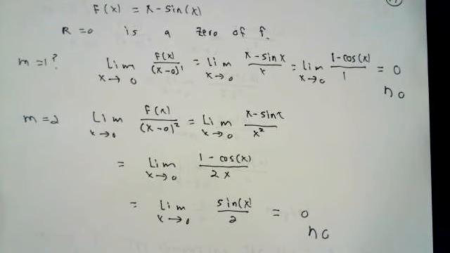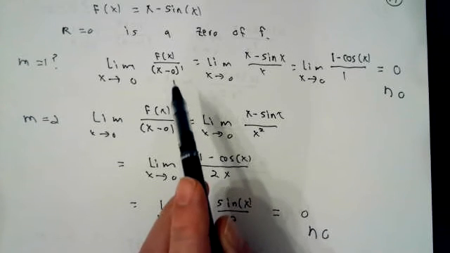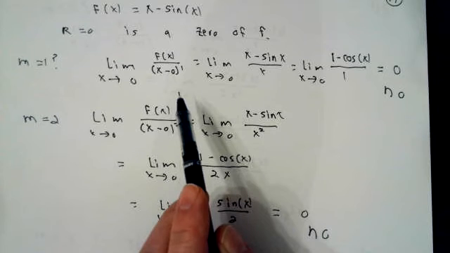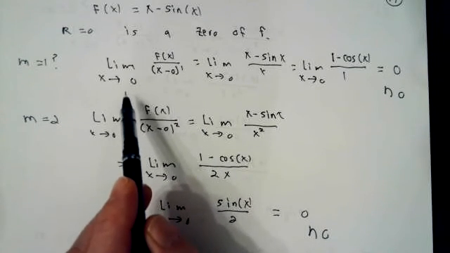f of x equals x minus sine x. Obviously, 0 is a solution of f of x equals 0, because f of 0 is 0 minus sine 0, which is 0. Is the multiplicity of the root r equals 0, 1? So we calculate the limit of f of x over (x minus 0), that's the x minus r, raised to the 1 power as x approaches 0.